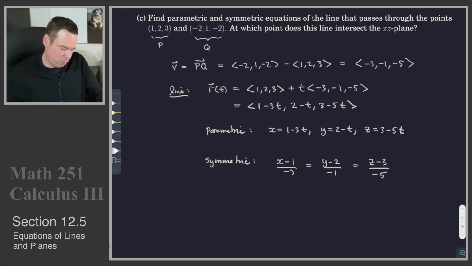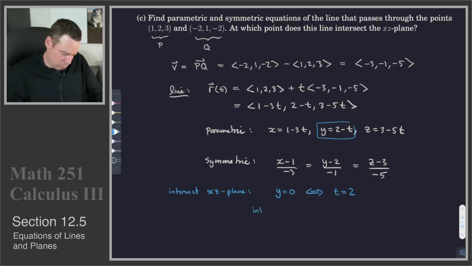We're interested in what point this line intersects the xz plane. So where does it intersect the xz plane? Well, this happens when y is equal to 0. And so when is y equal to 0? Well, I can go back up to my parametrized form of the line and look at the equation given the y value. So this is when t is equal to 2.